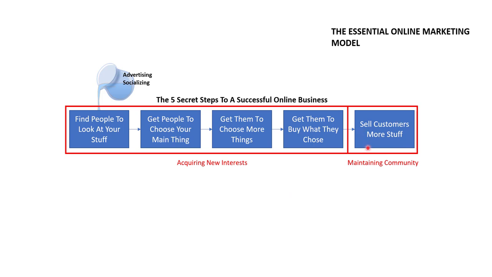And here in the community, all the people that you sell things to, and even the people that you don't sell things to, but they looked at your stuff, you're going to want to maintain a community of those people so that later you can sell them more stuff. And what do you do? You just feed them right into that system.